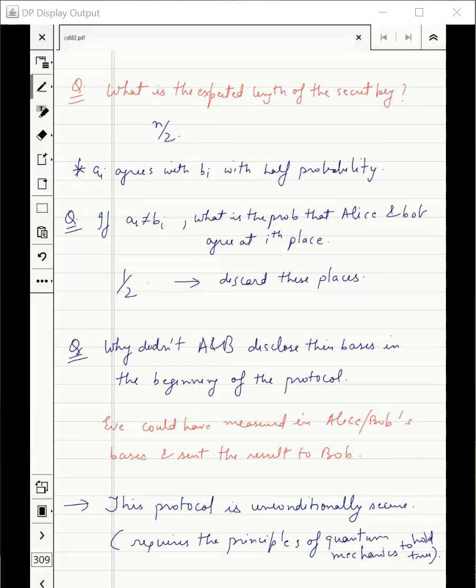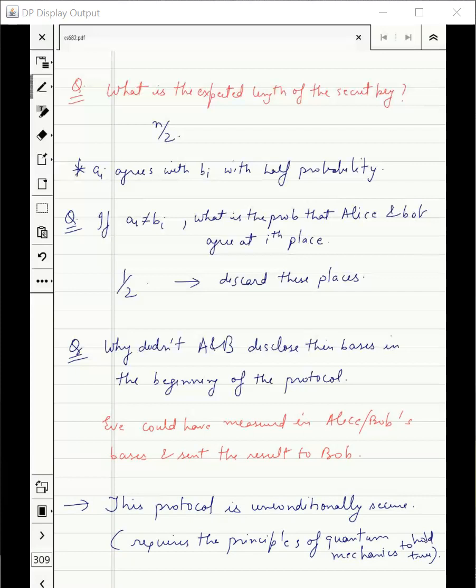Especially when we talk about, oh, the factorization problem is hard, or some kind of computational problem is hard to complete. That is why this is a bigger achievement. Since we believe in physics, we would say that this protocol is unconditionally secure.